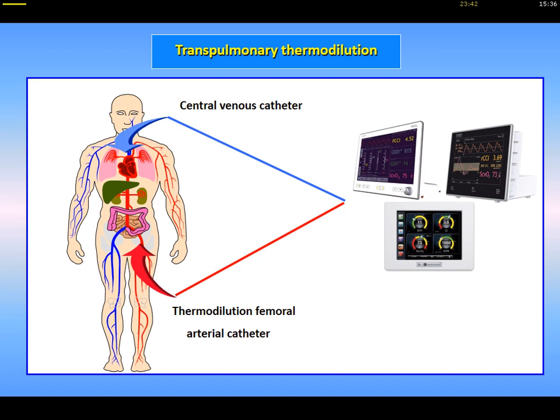One is a central venous catheter for injecting cold bolus and to obtain thermodilation variables. And the other one is the femoral artery catheter with a thermistor to record the changes in blood temperature which are produced by the cold bolus injection.